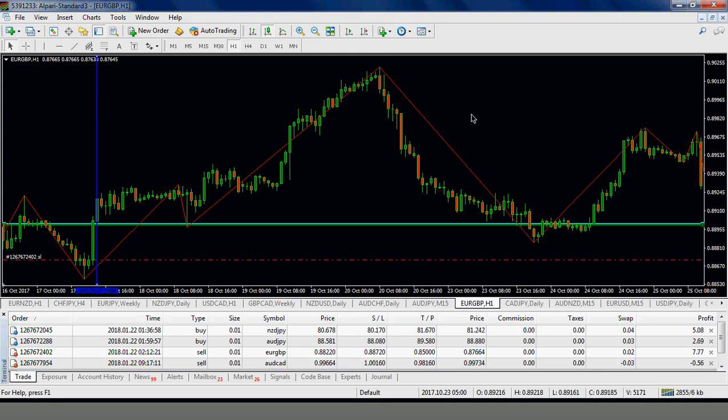Then one thing I want to explain to you guys is risk management. If you have a $500 account, you can decide that in a day you don't want to risk more than 5% of $500. Now 5% of $500 is $25.